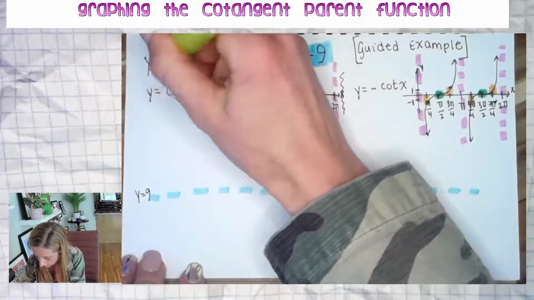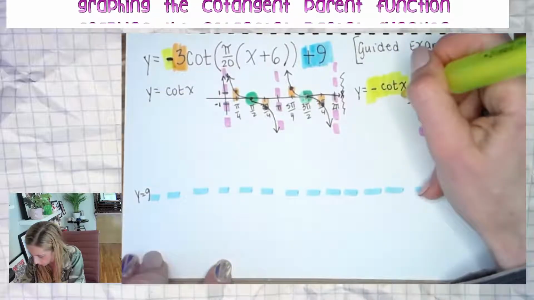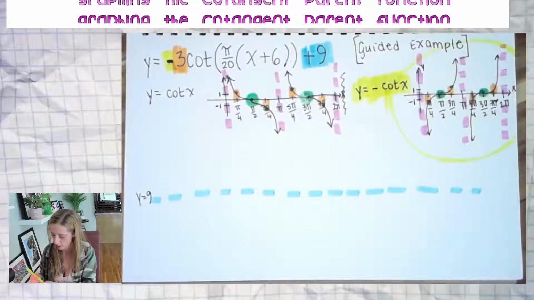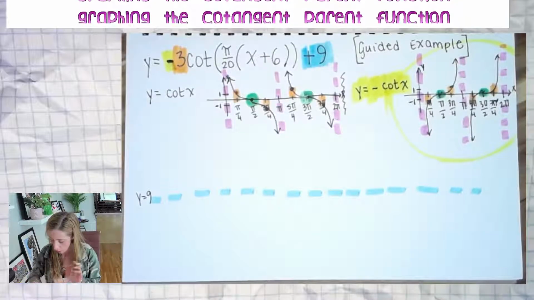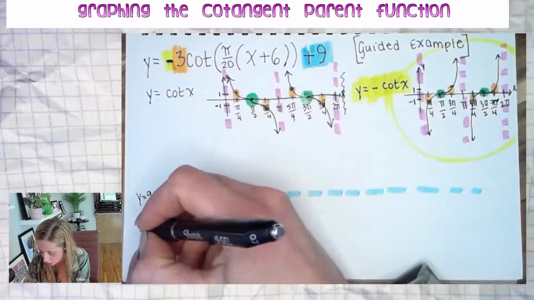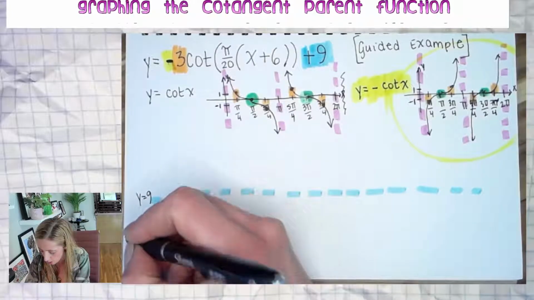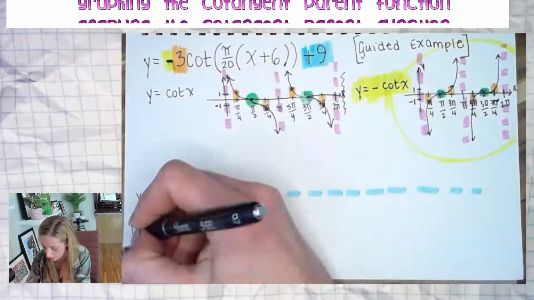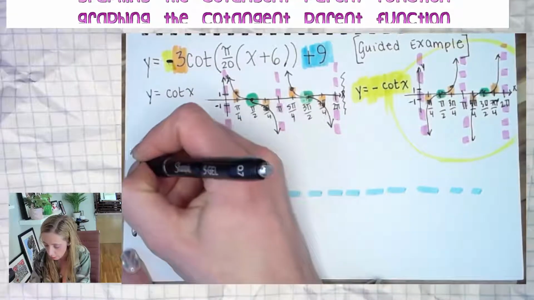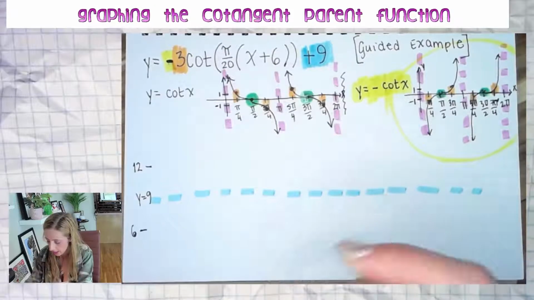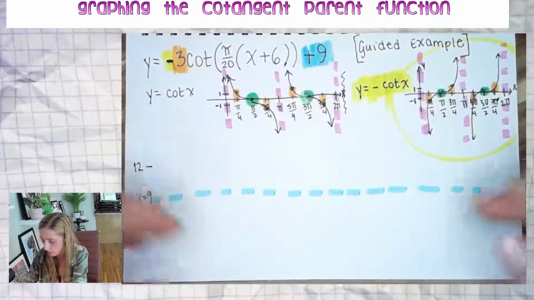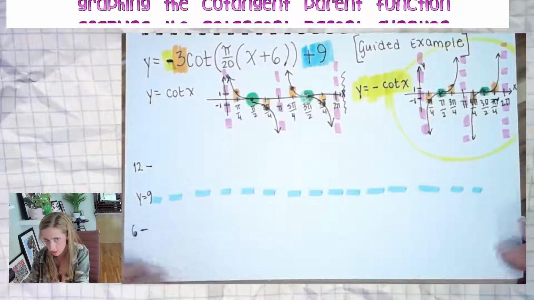So the negative is telling me that we're more concerned with this one over here. What else do I know? Well, if that's 9, then I need a tick mark for 6, 3 below it, and a tick mark for 12, 3 above it. And because these are all positive, my x-axis is going to be below somewhere.